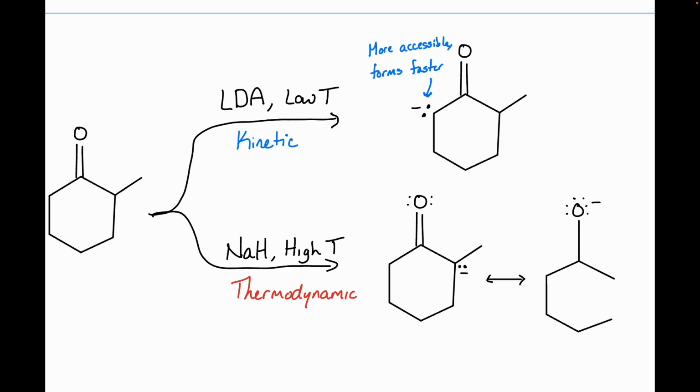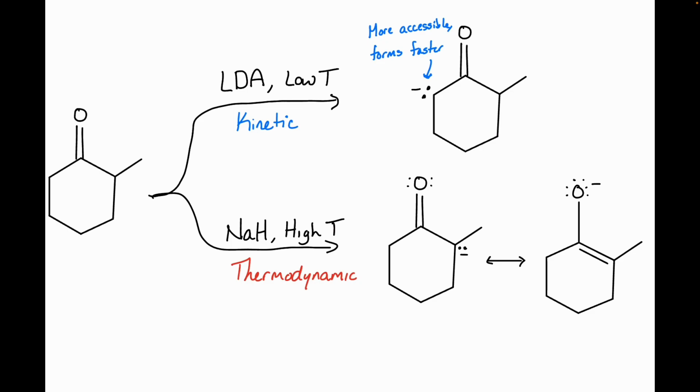All right, so we can use this resonance structure to illustrate that this one is our thermodynamically favored product, because it gives us the more substituted enolate. Okay, so there are these two strong bases that are traditionally used in these alkylation reactions.